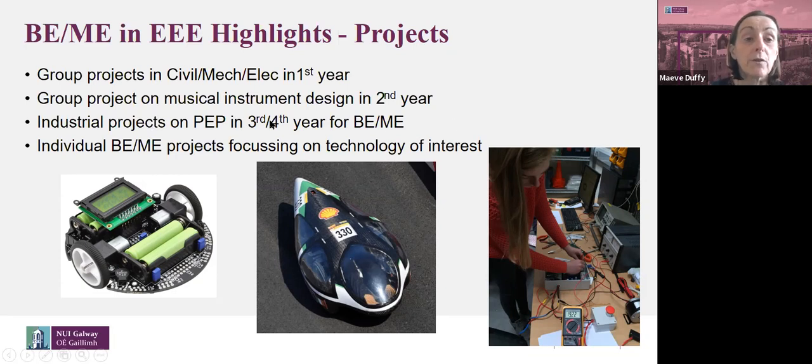In second year, you do a group project on designing your own musical instrument, and that will be using household objects to design a musical instrument with electronic circuitry, of course. In third or fourth year, when you go on industrial placement in the Professional Experience Programme, PEP, you get industrial project experience. So depending on the company that you go work for, that's the level of experience that you get.